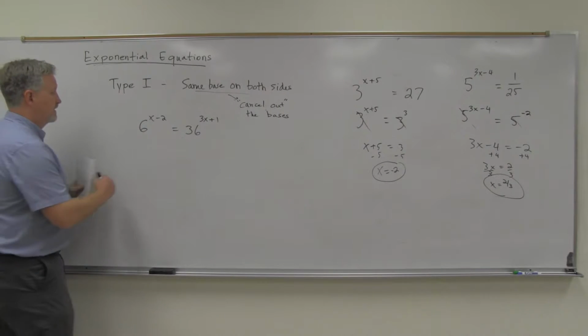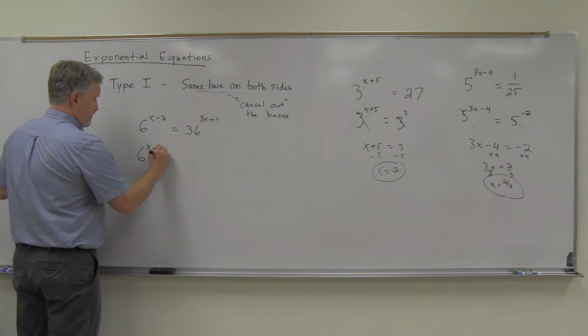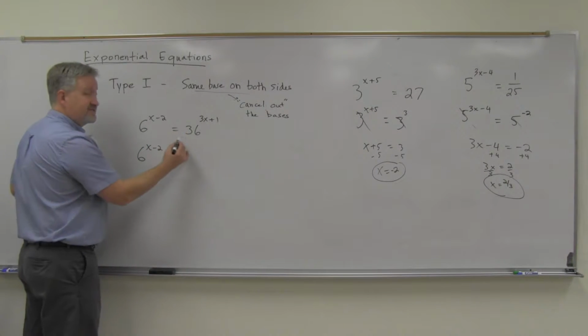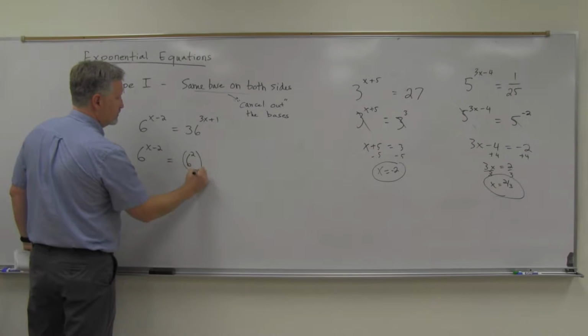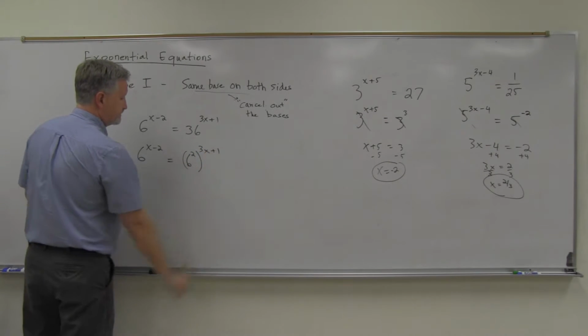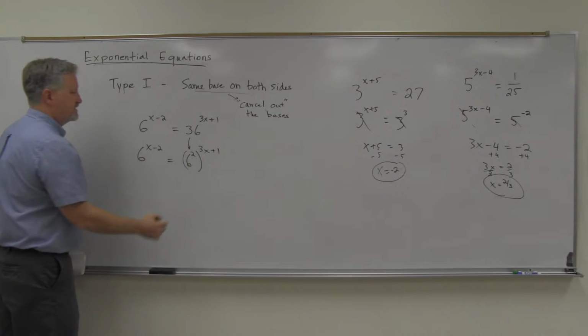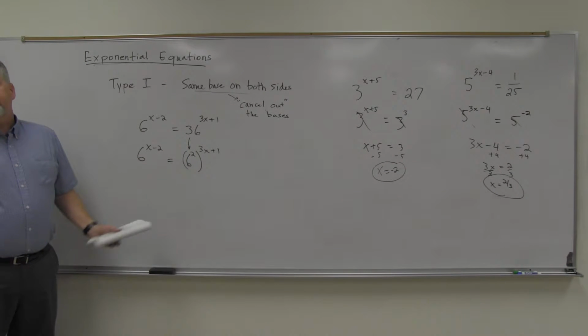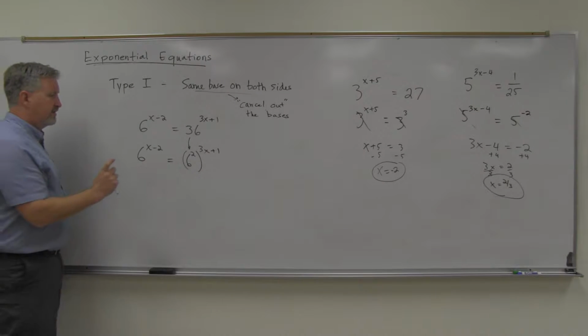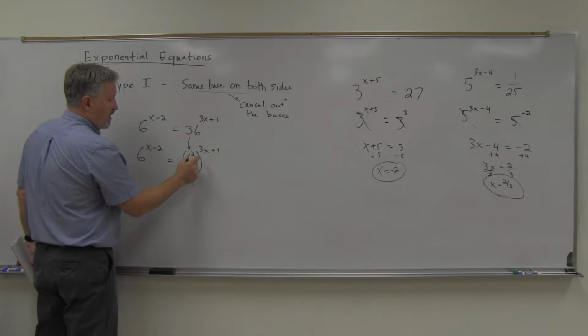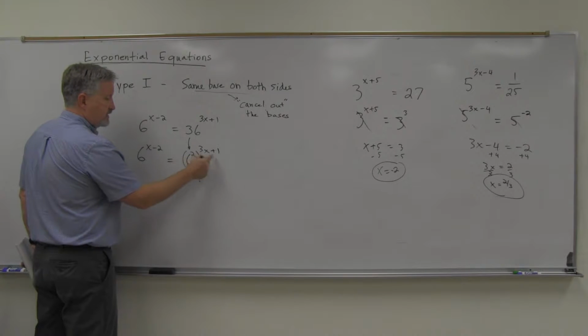So I can rewrite the part on the right there. 36 is 6 squared. I'll rewrite that 36 as 6 squared because that gives me the same base. Now, let's take care of what this means. So 6 squared to the 3x plus 1.